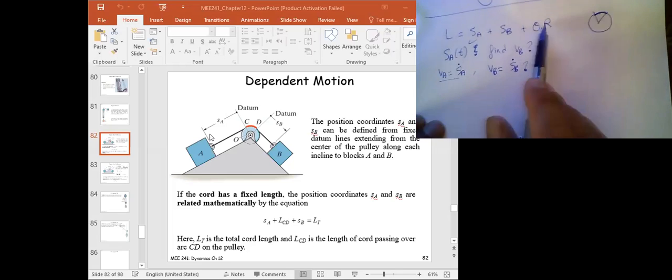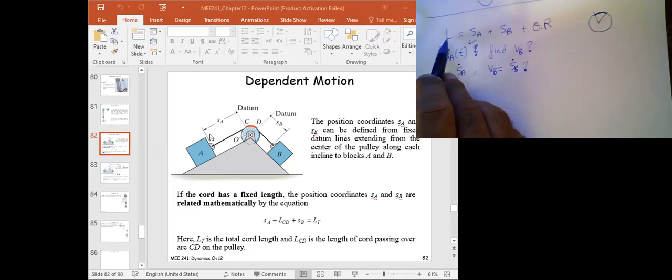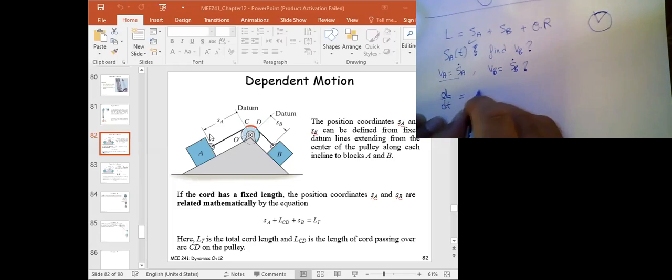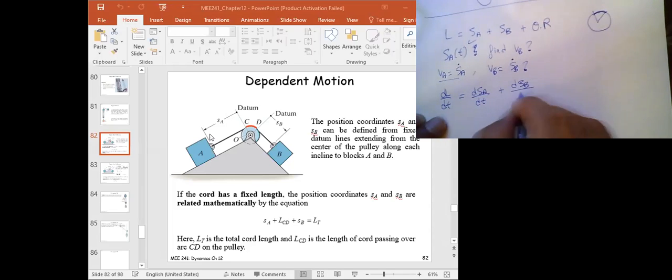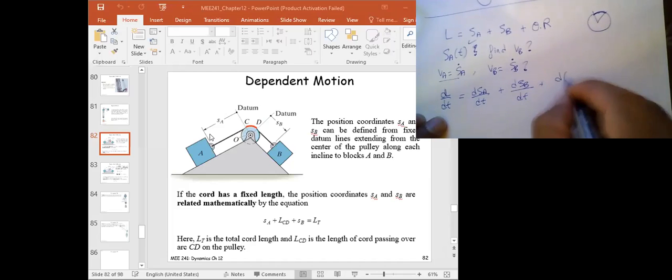So you want to differentiate this whole equation. If I differentiate L, is the length of the cable changing? No, right? So dL/dt: I can differentiate that, right? So dL/dt is going to be equal to dSA/dt plus dSB/dt plus dθ/dt.